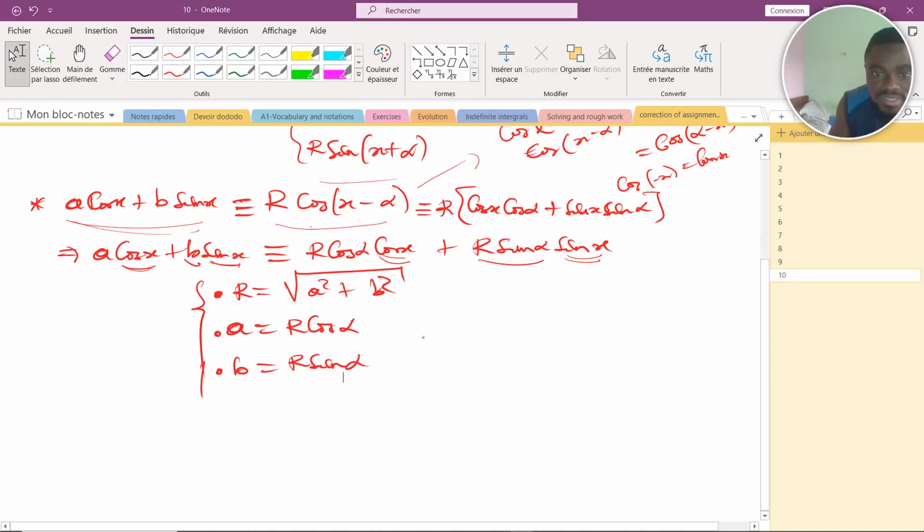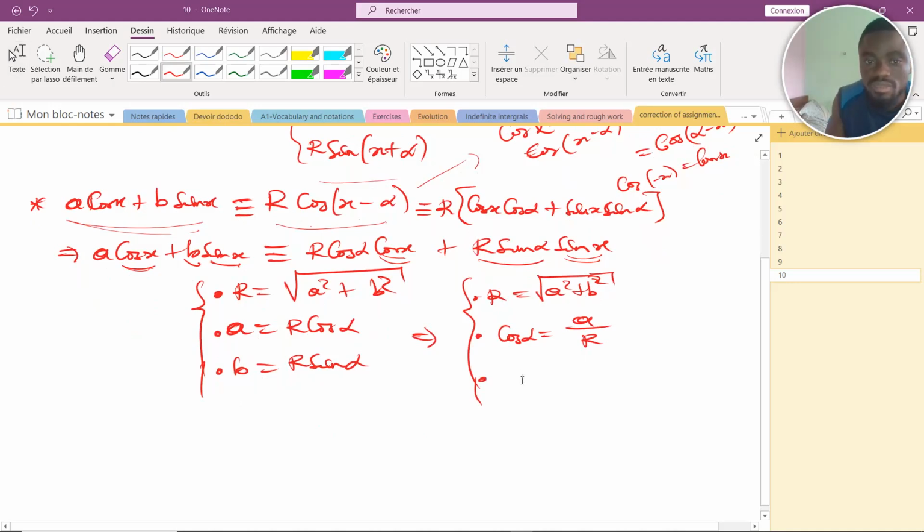This then implies that r will be equal to the square root of a square plus b square, and our cos alpha will be a over r. Don't forget r is the square root of a square plus b square. Is that okay? And our sine alpha will be equal to b all over r.